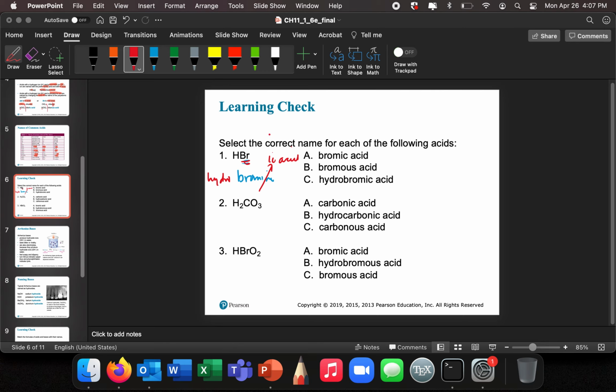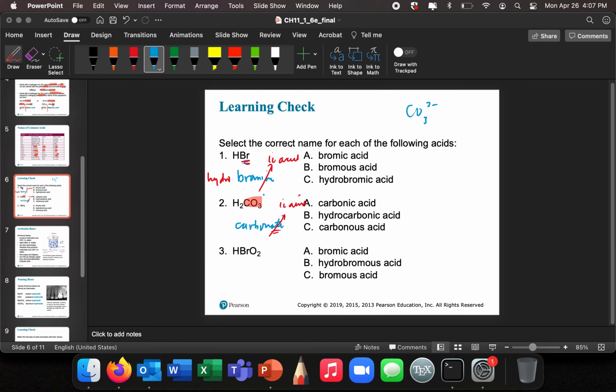So it's going to be hydrobromic acid. Now, here's a polyatomic ion. And I recognize that polyatomic ion is CO3 2-, that's carbonate. And I know that because I memorized it, right? Hopefully you did too. So I'm going to write it out, carbonate, right? And then since it ends in ate, I'm going to change that to ic acid, carbonic acid, okay?